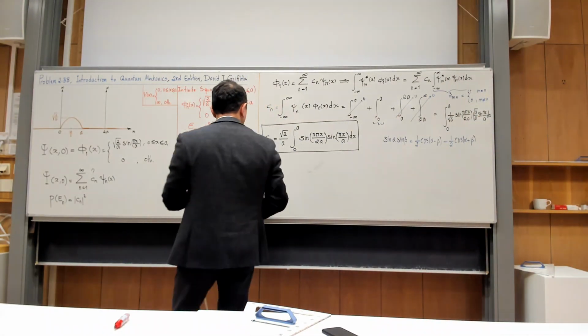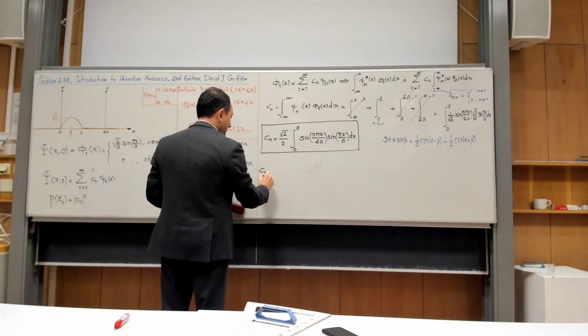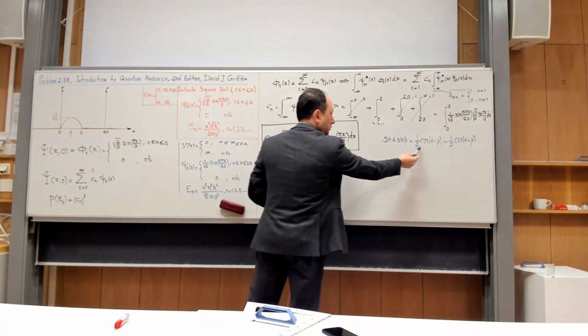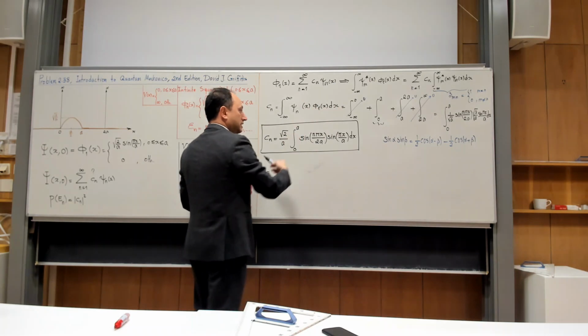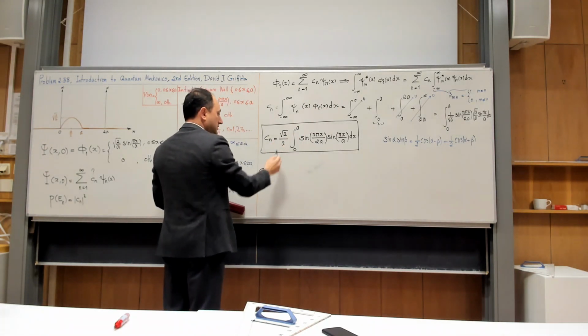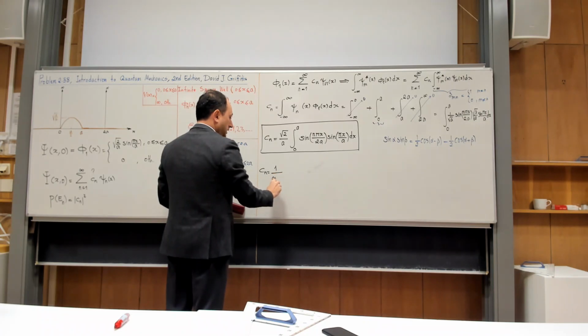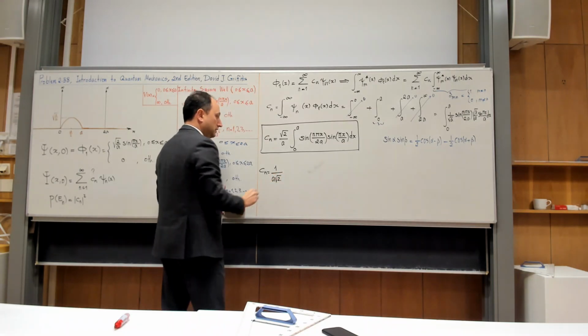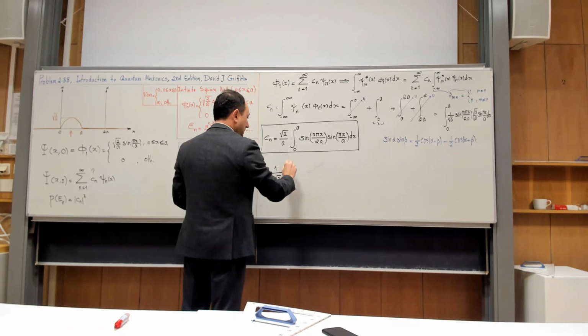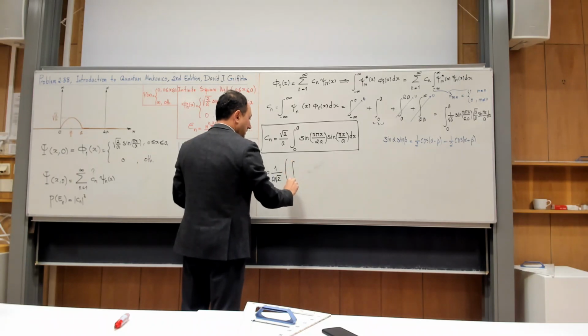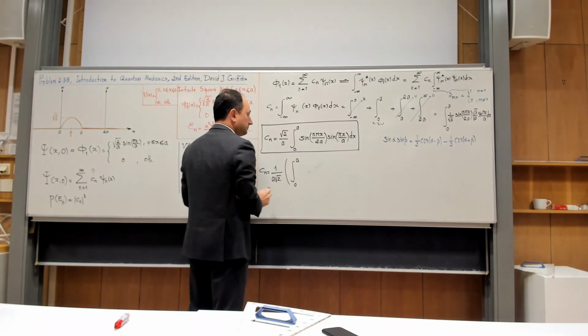So then Cn is equal to, if you see, I have a factor of 1 over 2. I pull that factor of 1 over 2 here, and then simplify it with that square root of 2, so it becomes 1 over a square root of 2 in the denominator, and then what is left for me, let me write it in this form, is an integral from 0 to a.